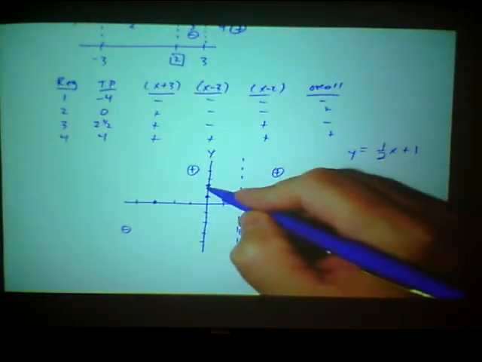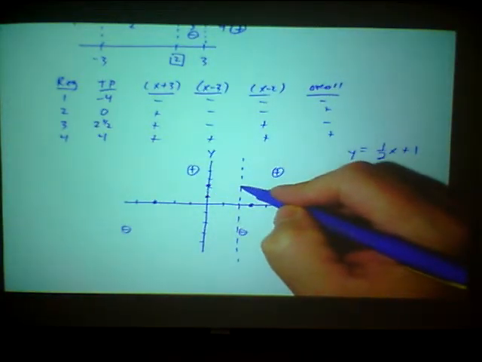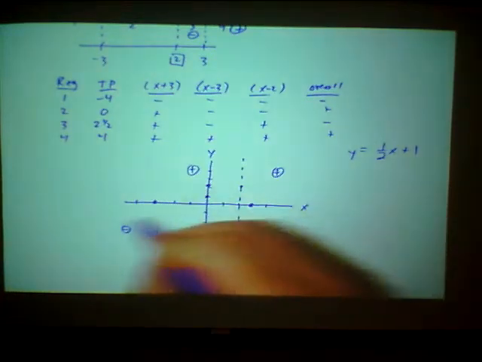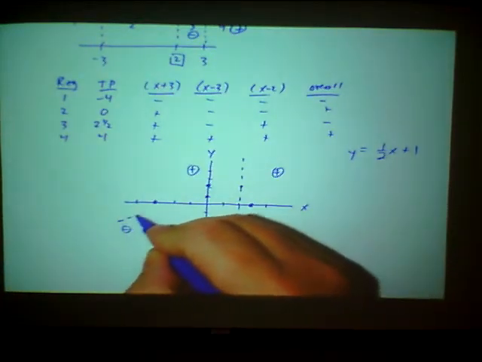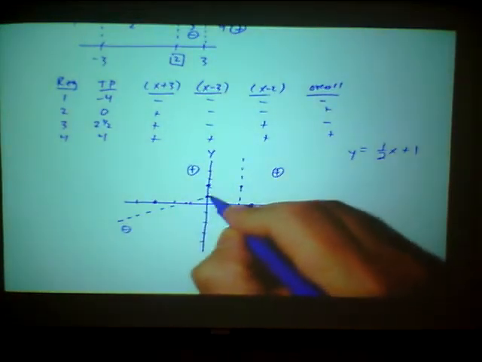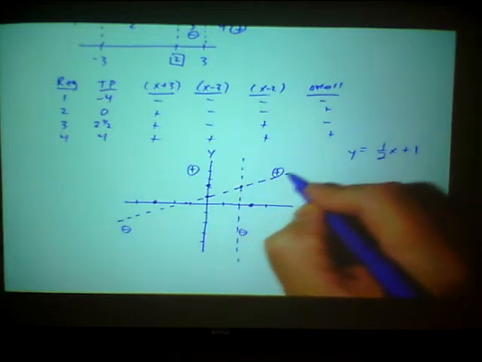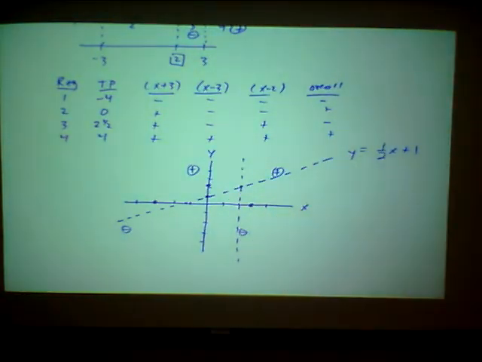So I'd go up 1 over 2, and now basically I have an oblique asymptote, which is like an asymptote, except it's not vertical or horizontal, it's like at an angle.